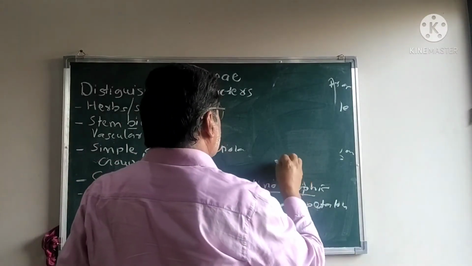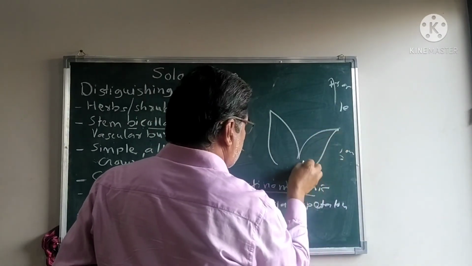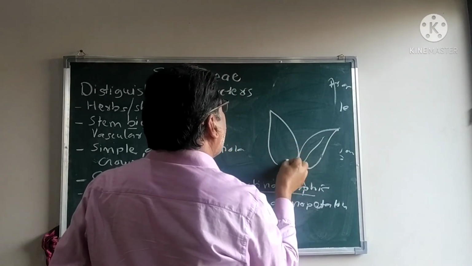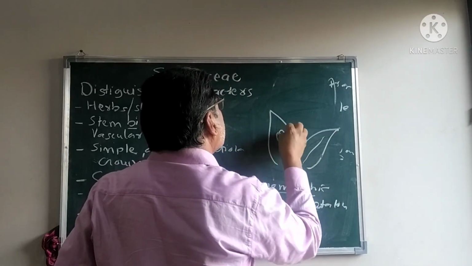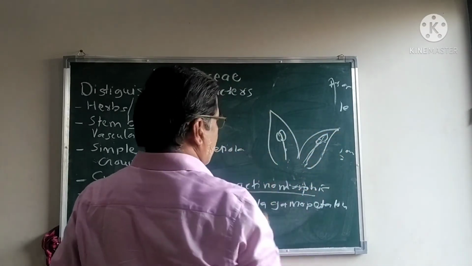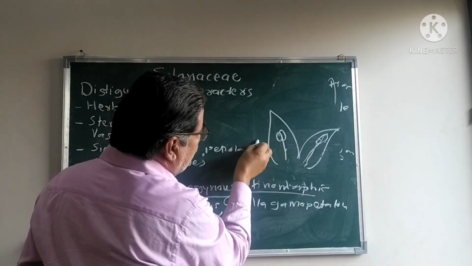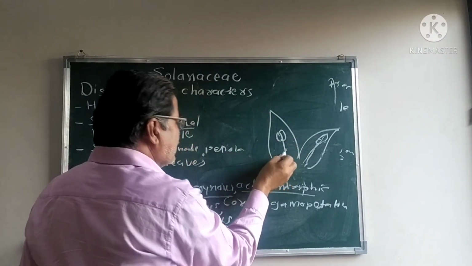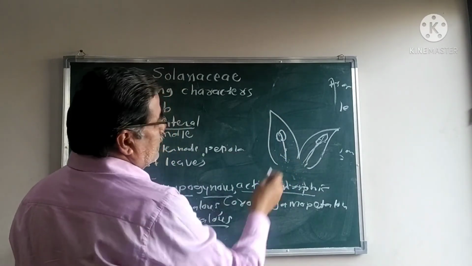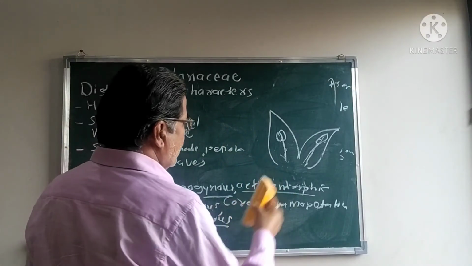Suppose this is the flower of Capsicum, and on this flower the androecium is inserted. When we lift the petals, along with the petals the stamens, their filaments, are attached to the petals and they separate when we lift the corolla. That is epipetalous.